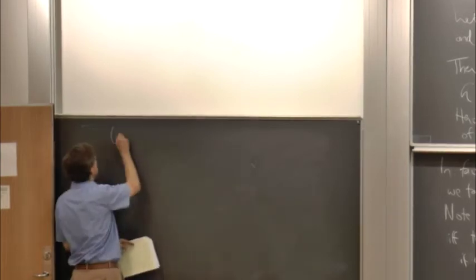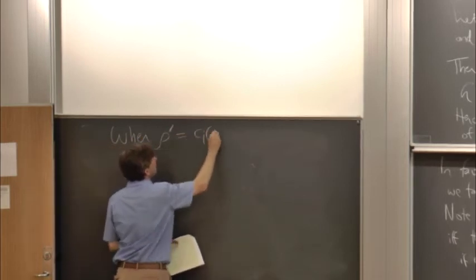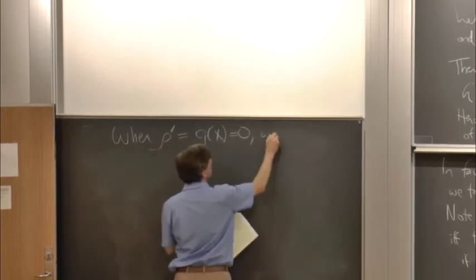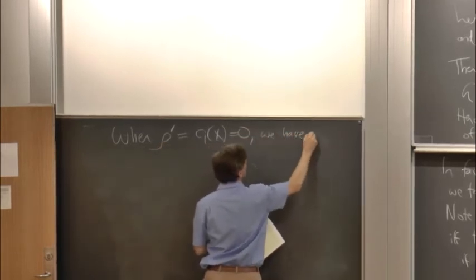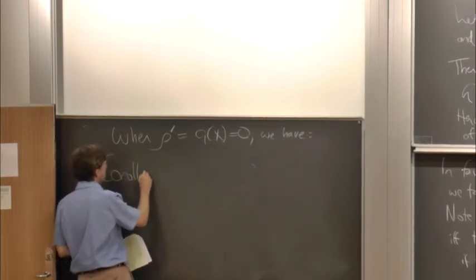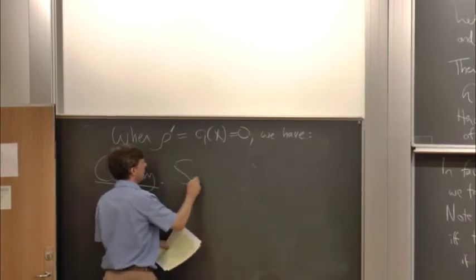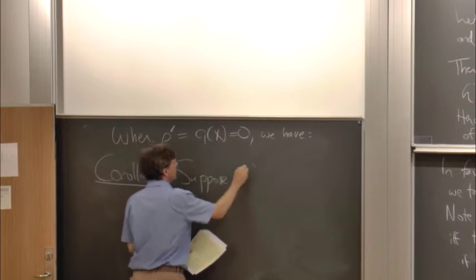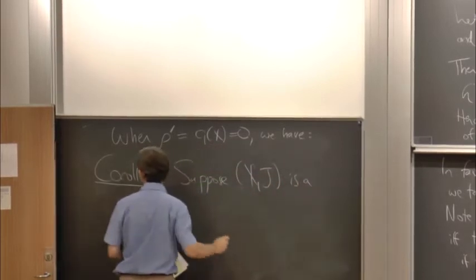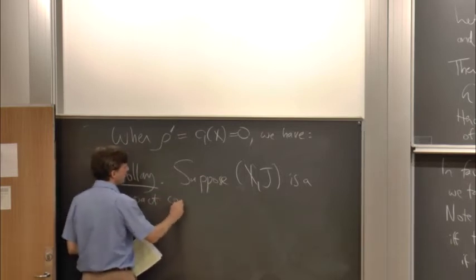So when rho prime equals c1(X) equals 0, we have a corollary, which is, let's suppose that (X, J) is a compact complex manifold. So the compactness is important.